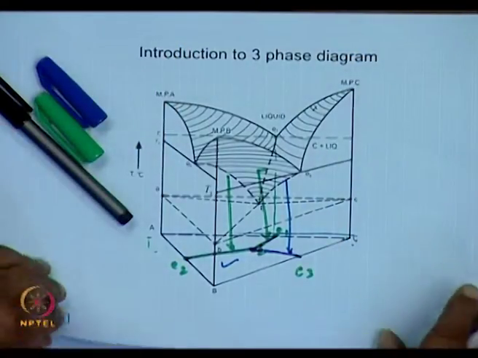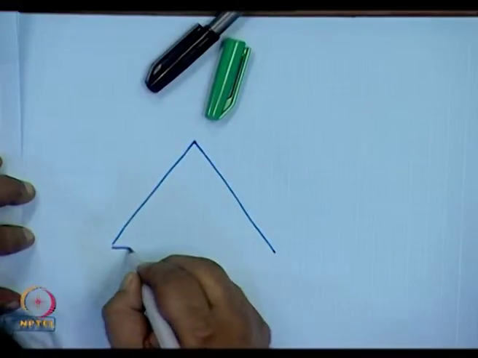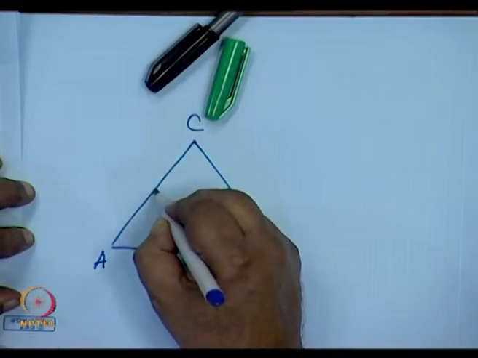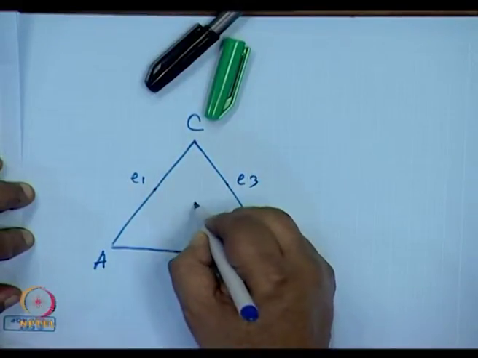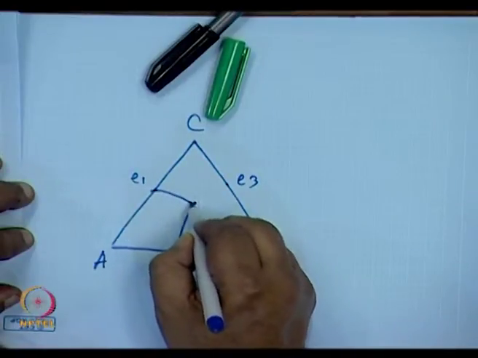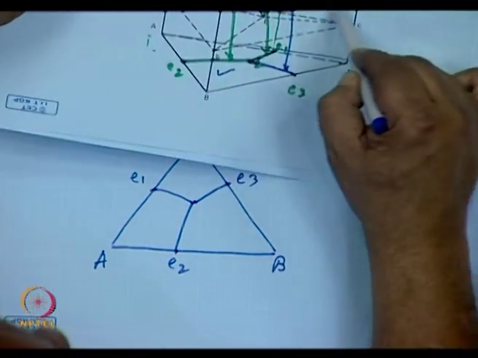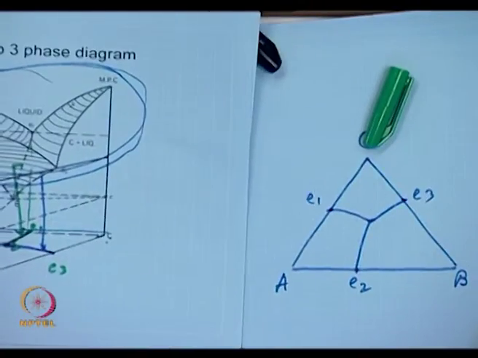What we would be doing is having a diagram which says this would be the projection of this entire thing on a two-dimensional diagram.